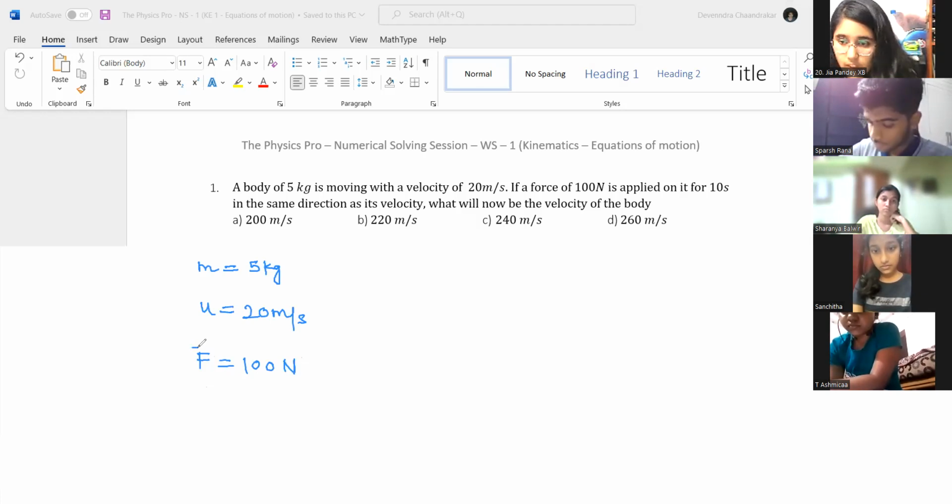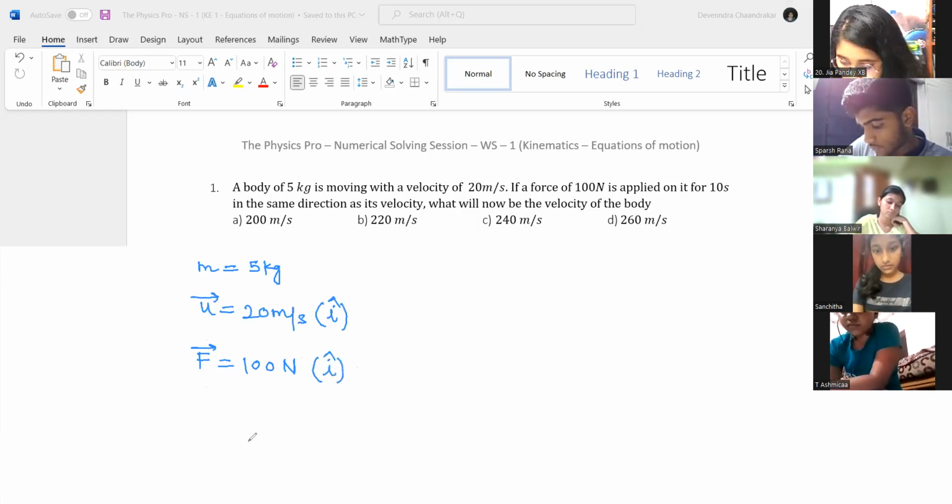So the direction of force and direction of velocity are the same. Say if I take it as i cap, that is along the x-axis, it remains the same, right? All of you agree to it or not? So it says what will now be the velocity of the body. So time is 10 seconds and we want the velocity at the end of 10 seconds.